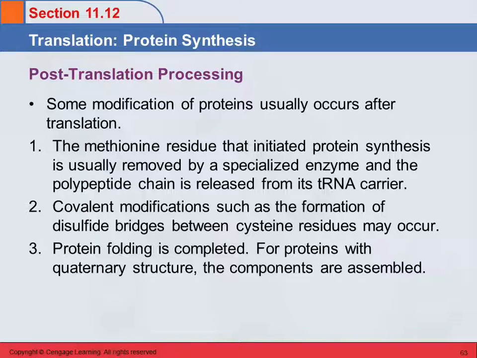After it's cut loose from the ribosome, then we have the secondary and tertiary and perhaps quaternary structure that results, and that may involve formation of disulfide bridges, which are covalent bonds, and then there's going to be protein folding, depending on the alpha helix or beta pleated sheets, or however it is going to be structured. And if you've got a quaternary structure, so you have more than one component, then that's going to be assembled as well.